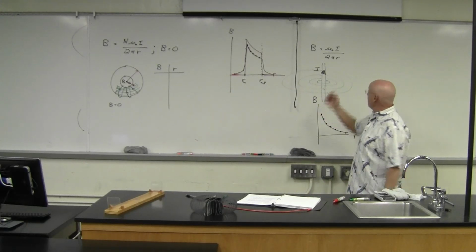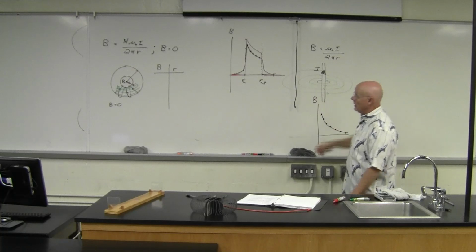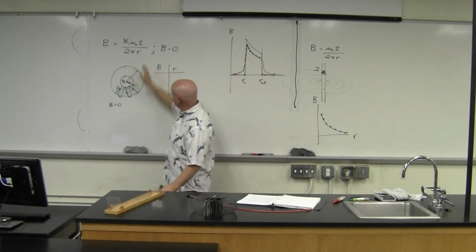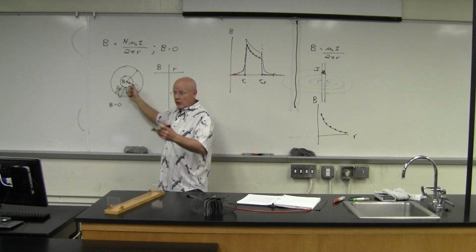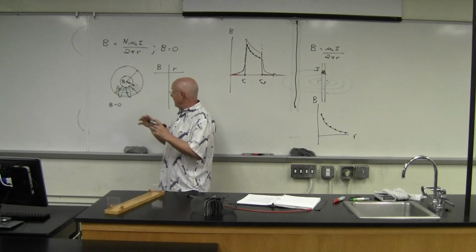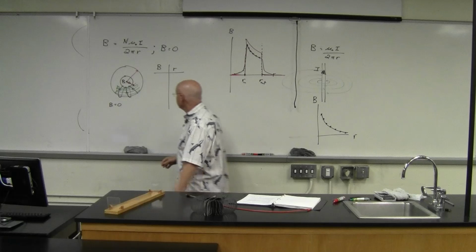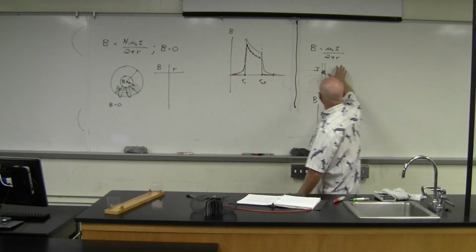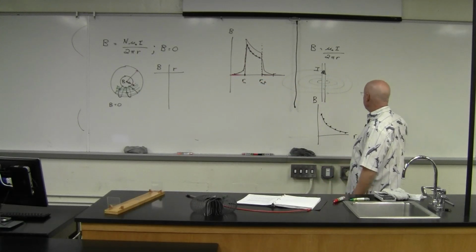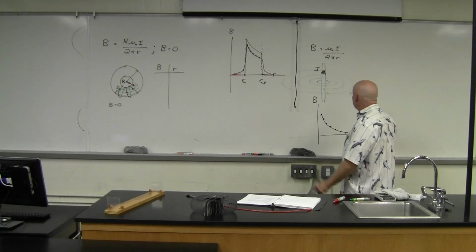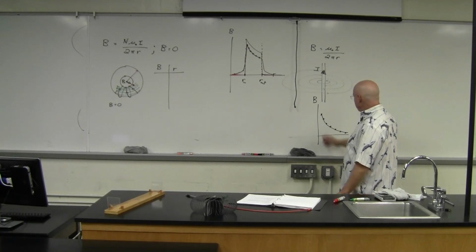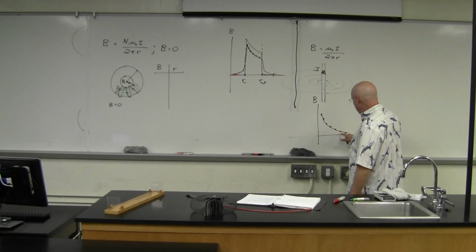Although I must say, for the straight wire, I can get a little closer with my R than I can here, because this is only valid to the inner part of the smallest R, what I call the inner radius. Whereas this is valid all the way up to the edge of the wire, and the wire is much thinner here. So we'll be able to measure the field at the beginning, but we don't have to go really far before this tapers off.